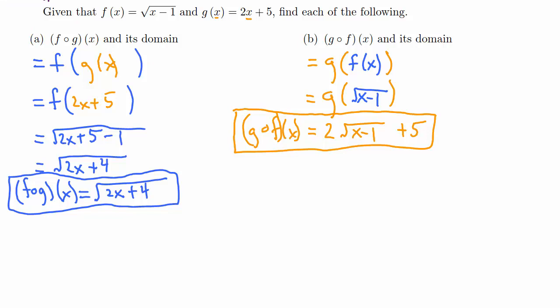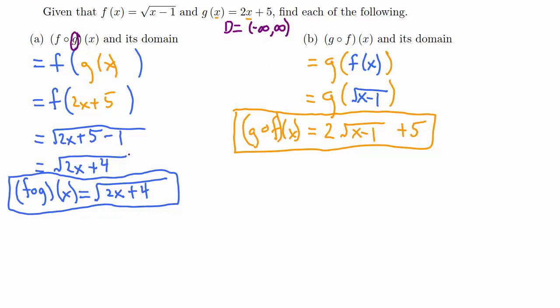Fantastic. Next, I want to look at the domains. With the composition domains, the first thing you always look for is the domain of the second function that's listed. For f composed of g here, it's the g function, which is 2x plus 5. And the domain for a polynomial is always negative infinity to infinity, all real numbers.